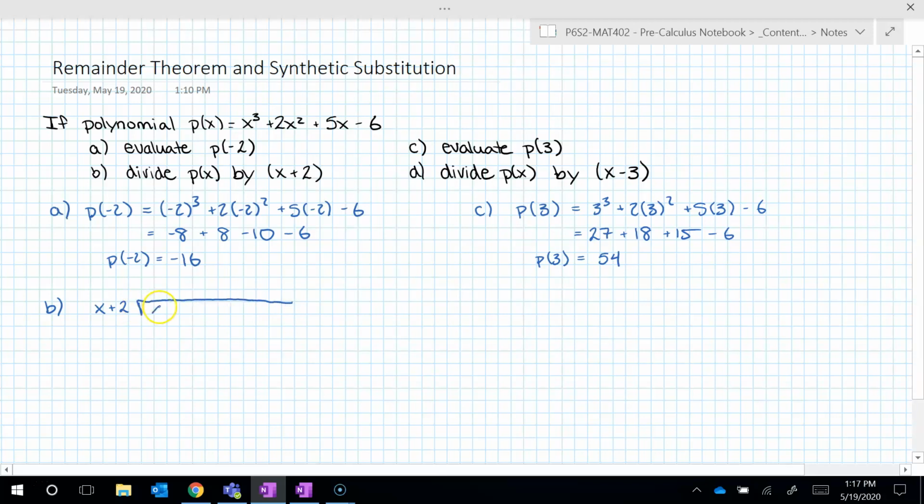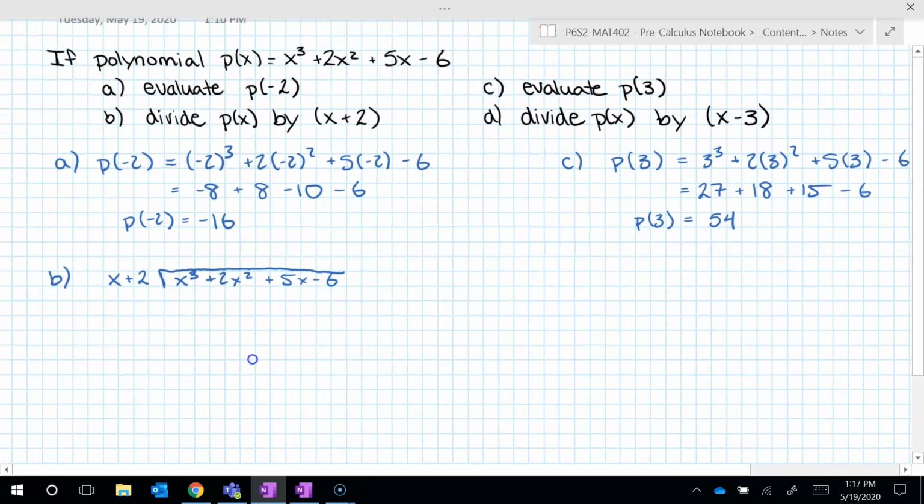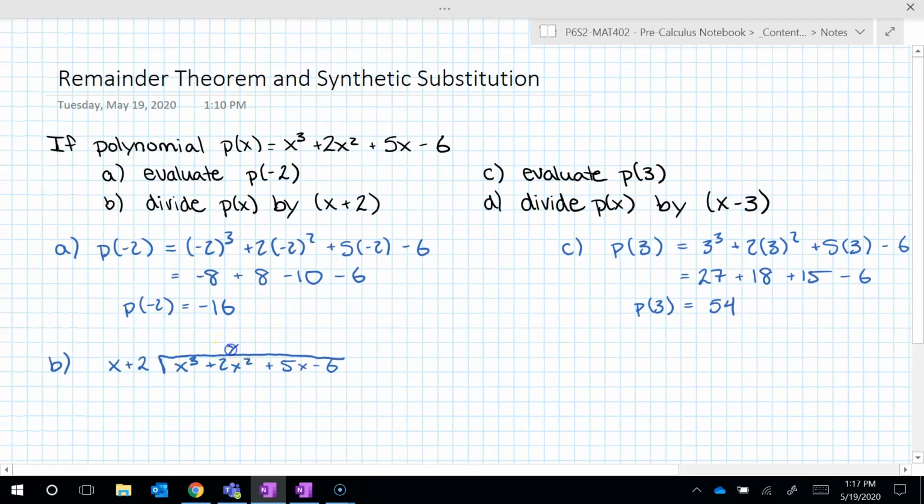And I want to find out how many times that goes into x cubed plus 2x squared plus 5x minus 6. Again, we start on the left side. I want to find out what times x plus 2 will give me x cubed, to start with. And so the first thing I'm going to need is an x squared.